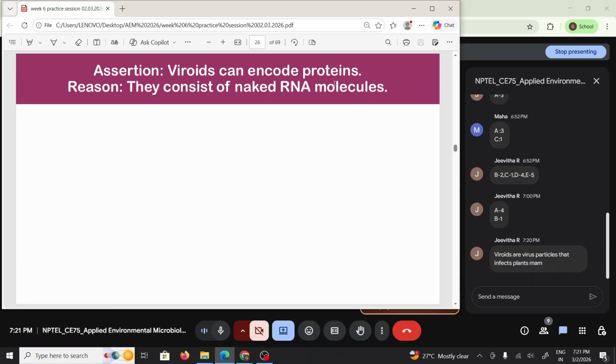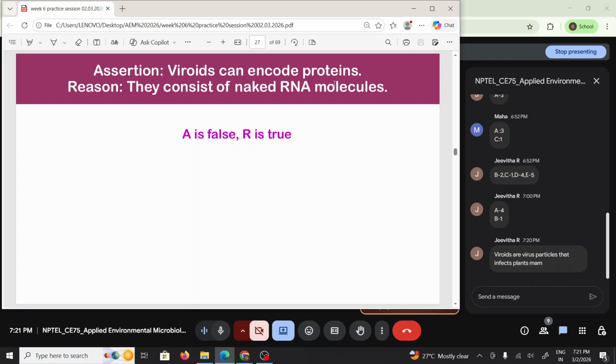Here the assertion is that viroids can encode proteins. The reason is they consist of naked RNA molecules. Viroids generally contain circular single-stranded RNA, and they don't have a protein coat. But they cannot encode protein.